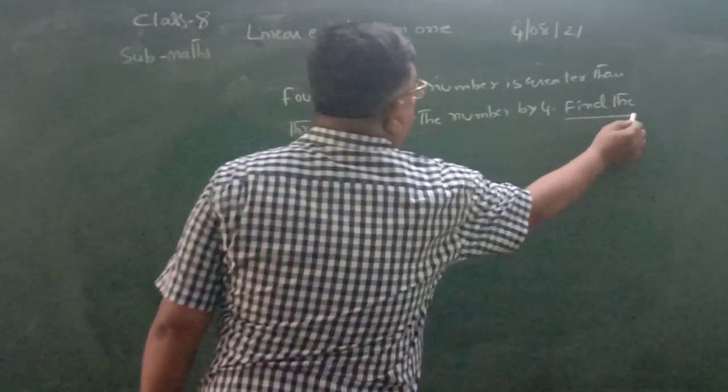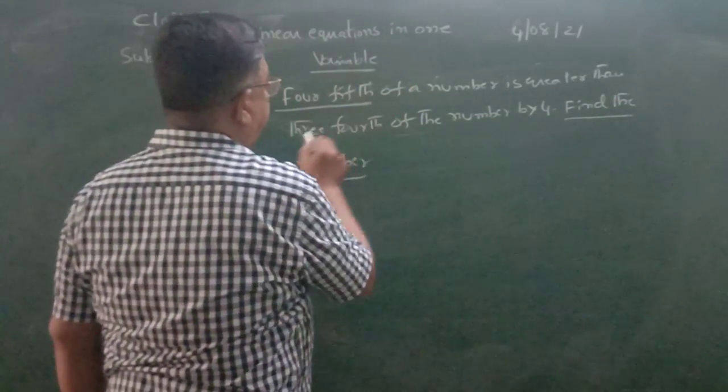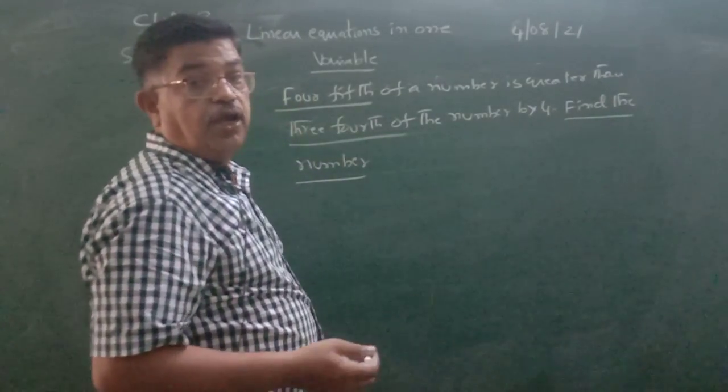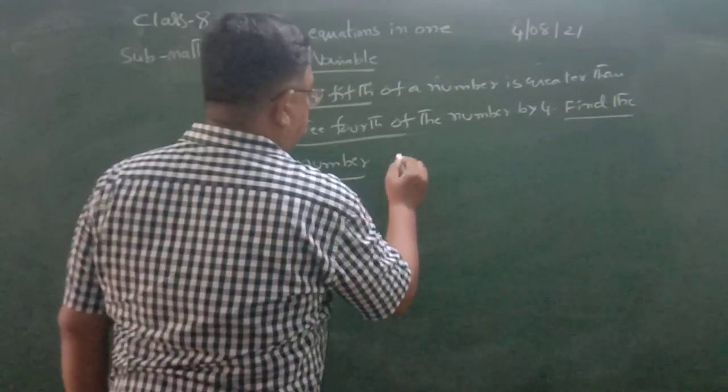So we want to find a number for which we want to take 4/5 and 3/4. The difference between 4/5 and 3/4 is given to be 4. So I start with this solution.